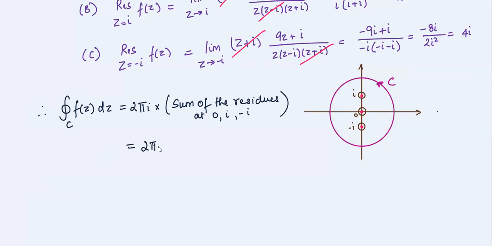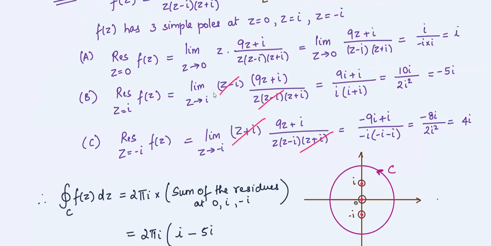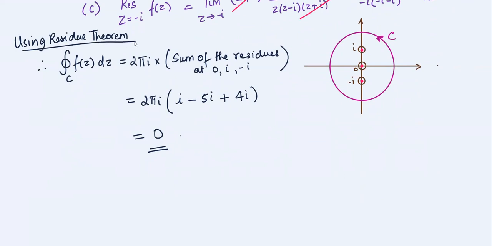So 2 pi i times: at 0, it is i. Then at i, it is minus 5i. And at minus i, it is plus 4i. So this turns out to be 0. That is how we evaluate it using the residue theorem.